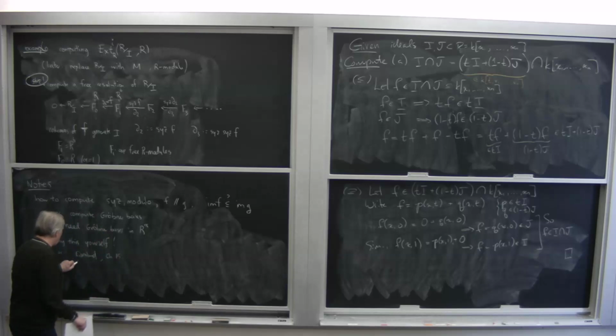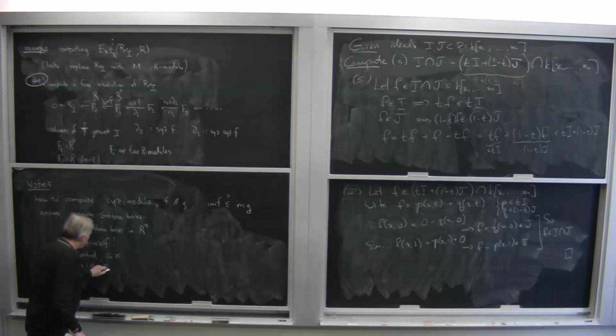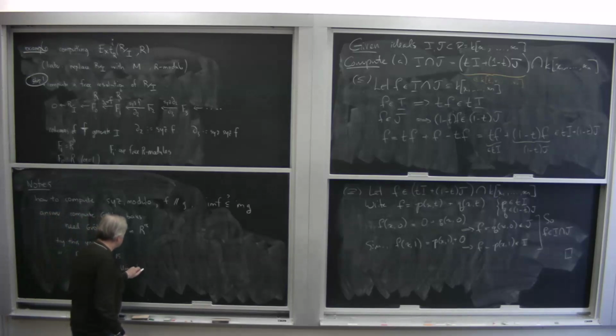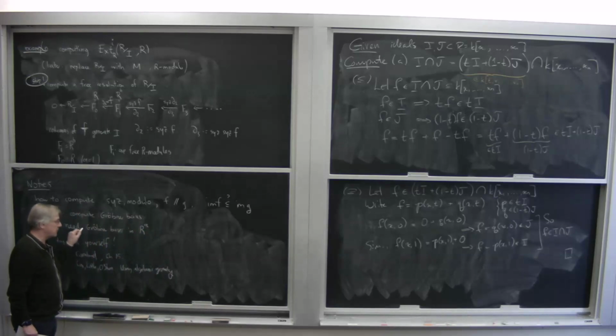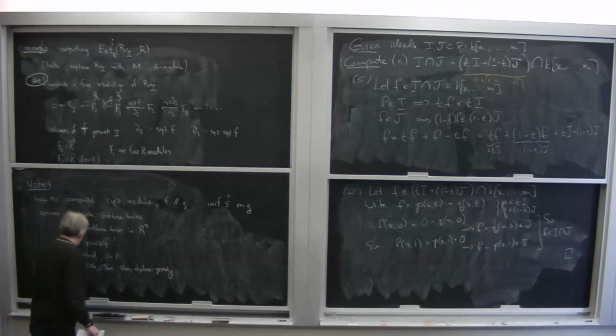I think Cox, Little, and O'Shea, in the second book, Using Algebraic Geometry, have a section on computing Gröbner bases over this. And one that's a little gentler than some of these is Adams and Loustaunau.